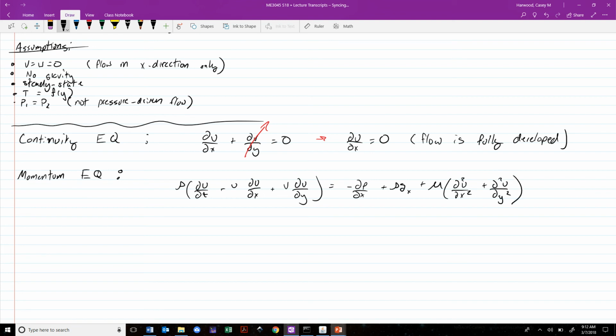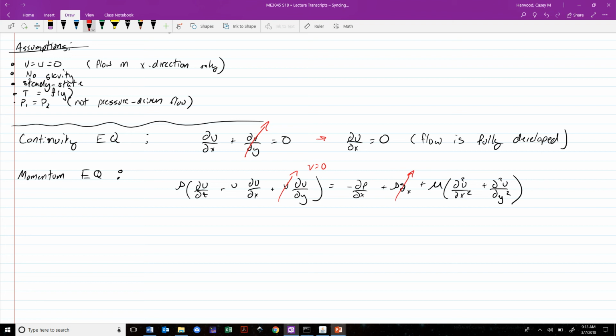All right, it's going to be a matter of hunting down terms that we get to cancel out. So, assumptions. V is equal to 0, w is equal to 0. Anything that involves a v, let's get rid of it. So, this term here, gone. No gravity.